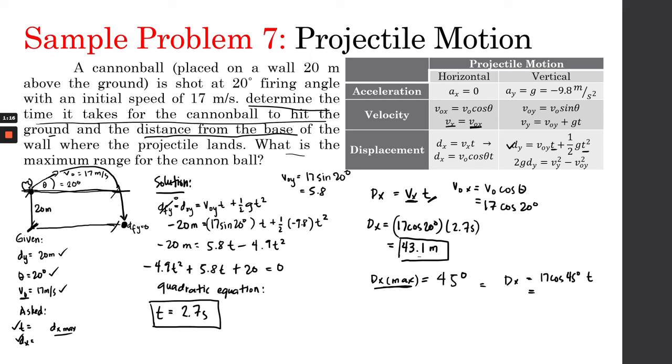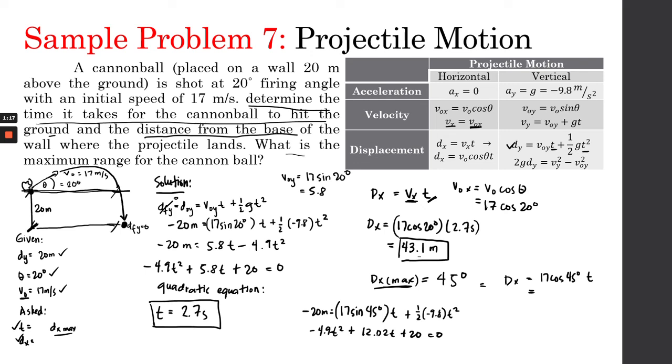So we would have negative 20 meters is equals to 17 sine 45 degrees t plus 1/2 gt squared, which is negative 9.8 t squared. And this would actually give us negative 4.9 t squared plus 12.02 t plus 20 is equals to 0.